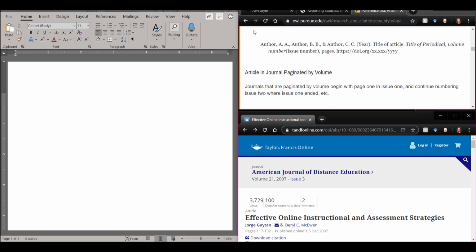Well, first, we start with the authors. We go in the order that's listed on the manuscript, so we're going to start with Dr. Gaitan. After his initial, we're going to put a period, then a comma, an ampersand, and then the next author.